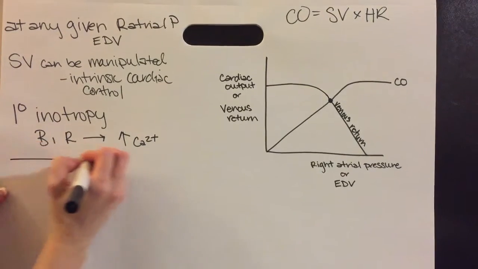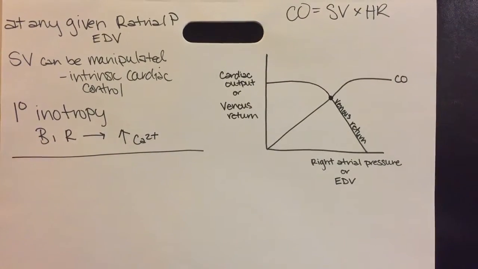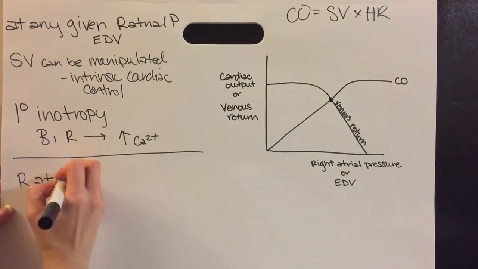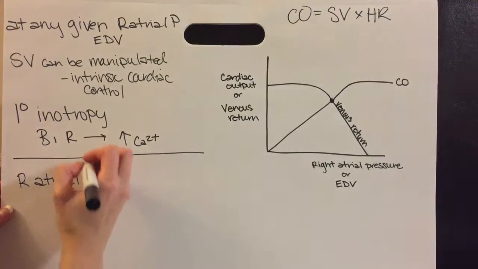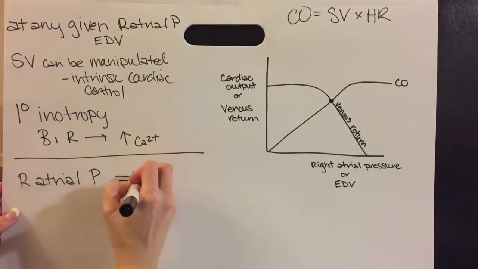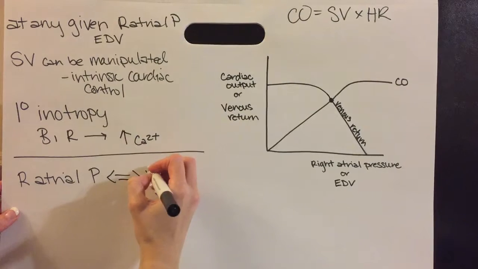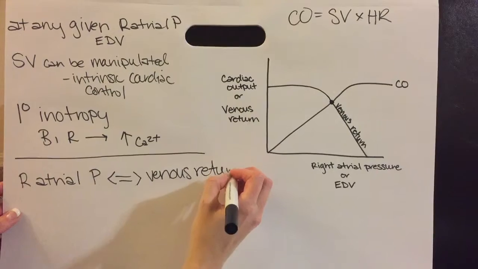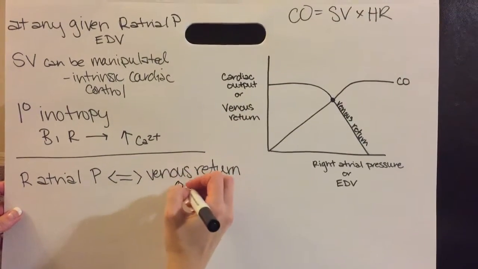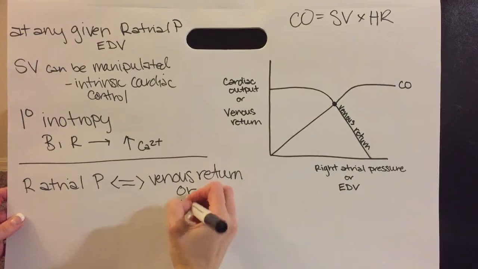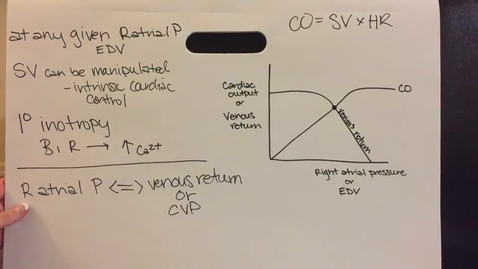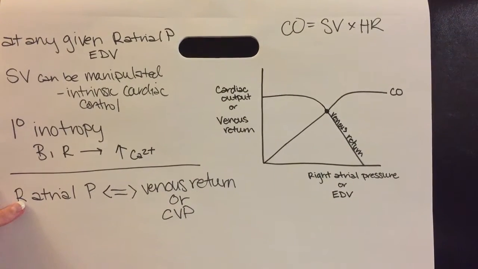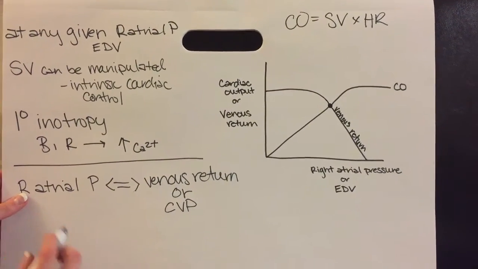When it all comes together, right atrial pressure is directly related to our venous return or central venous pressure, or CVP. If you think back, remember this is because the two circuits have to be equal. The right heart output and the left heart output are linked and are equal.